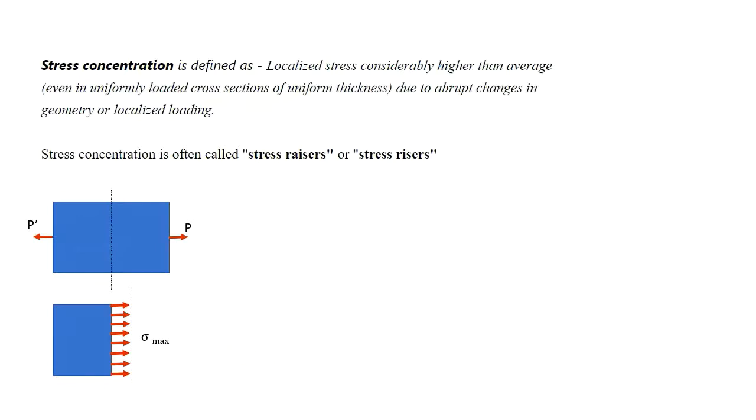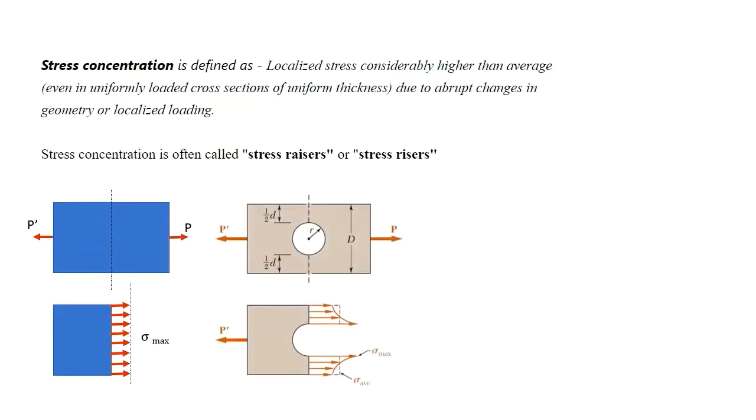Now let's see what happens if I drill a hole in the plate. Right, now this is the case. Here we are using the same plate, but what we have done, we have drilled a hole here and we are taking the section here. Now here you could see the stress distribution. Now the stress has changed, and here we have an average stress value, and then we have the maximum stress value.